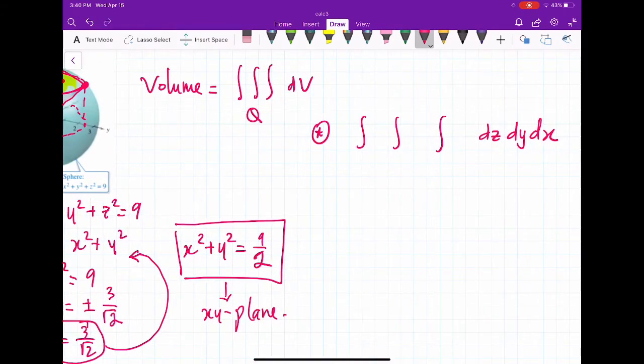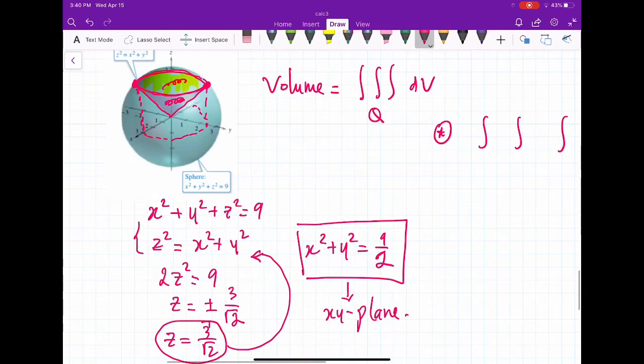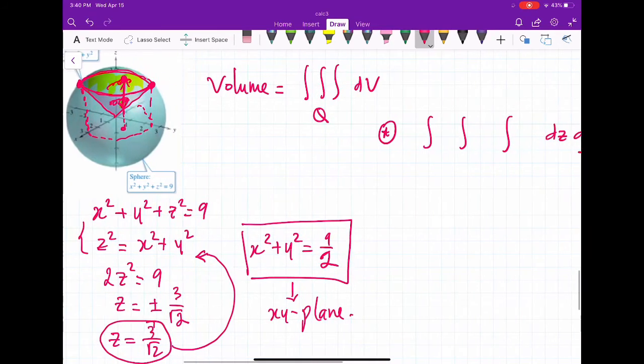If you fix some point x and y right here, you can find the interval of z. But in order to do that, you need to plot the vertical line, right? That vertical line will intersect the cone at some point and the sphere at another point. So that is the interval of your z. Make sense? So basically, that goes from the equation of the cone to the equation of the sphere.